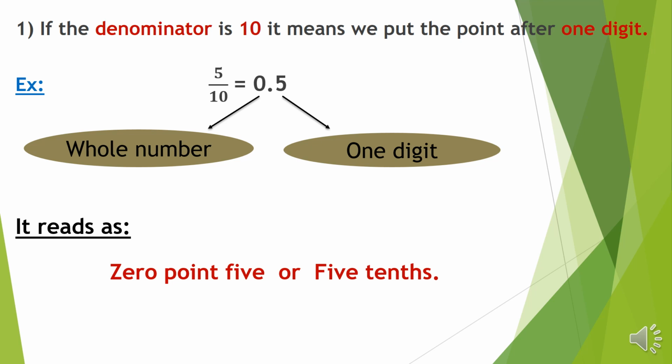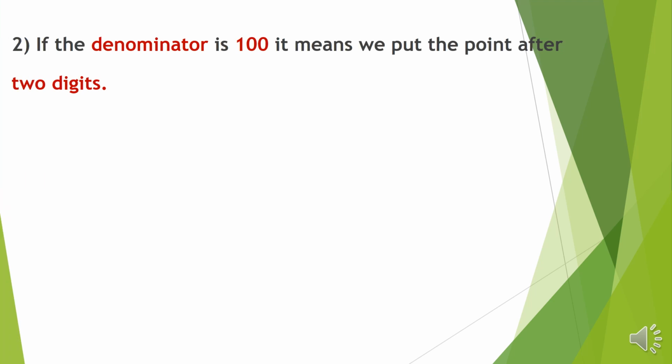Number 1. If the denominator is 10. Number 2. If the denominator is 100, it means we put the point after two digits. For example, if we have 21 and 4 over 100, it equals 21.04.